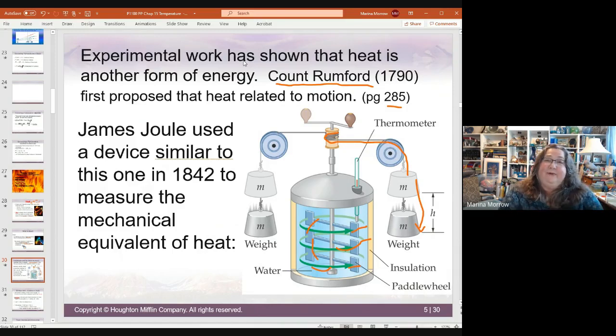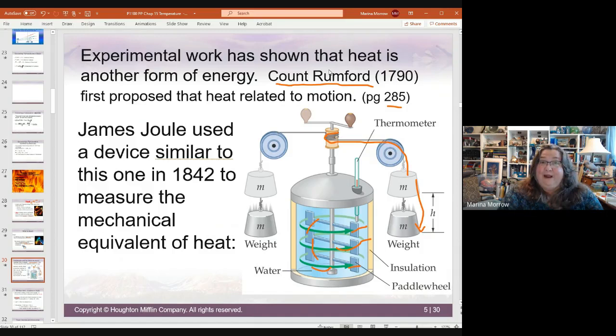In those days, people had this theory of caloric fluid. So most people said, oh, yeah, when you bore out the cannon, what you're doing is releasing the caloric fluid that's trapped in the molecules. And Count Rumford felt that no, as they were grinding away at the cannon, friction was producing the energy. So that was his idea.